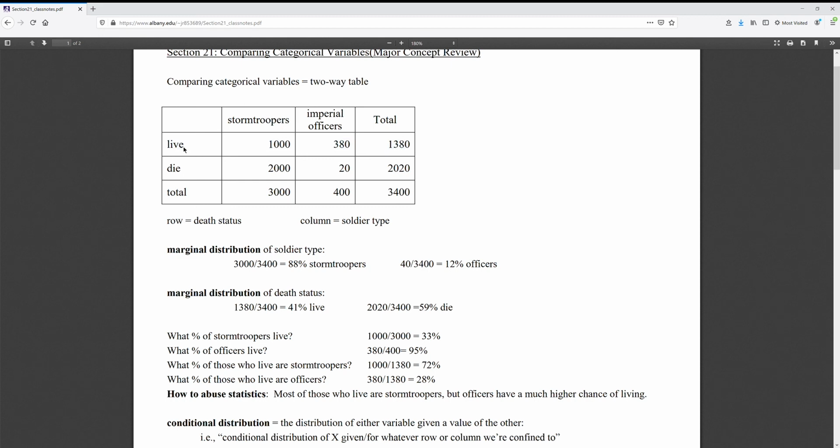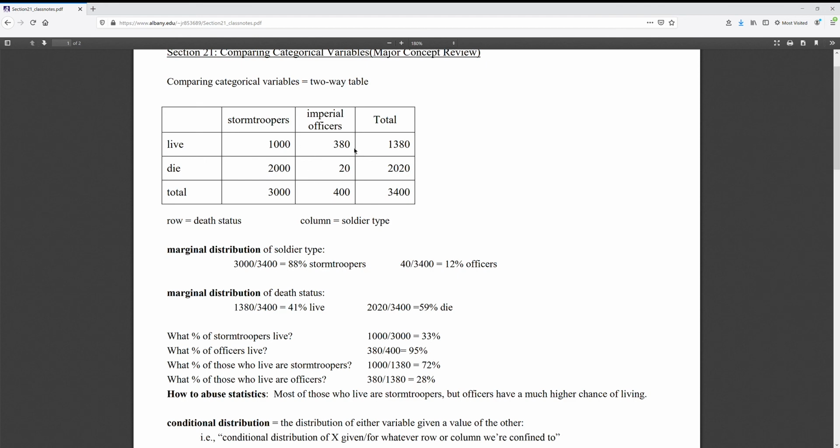So we can talk about the conditional distribution of this row, of this row, of this column, of this column. What can you say about this row? We're talking about people who live. What can you say about this column? We're talking about imperial officers.